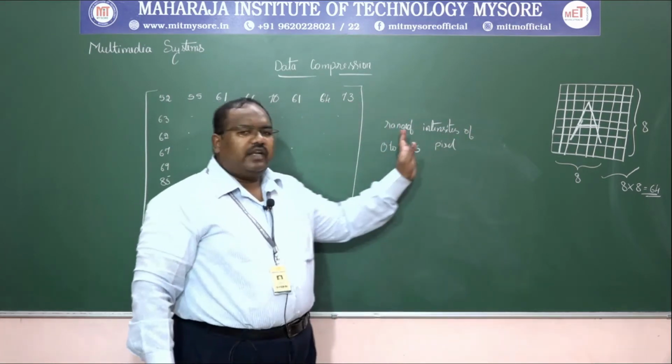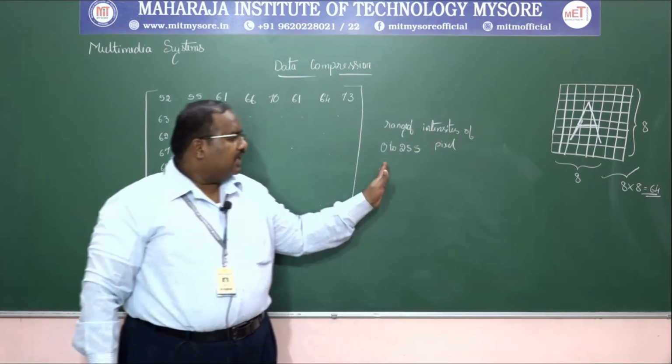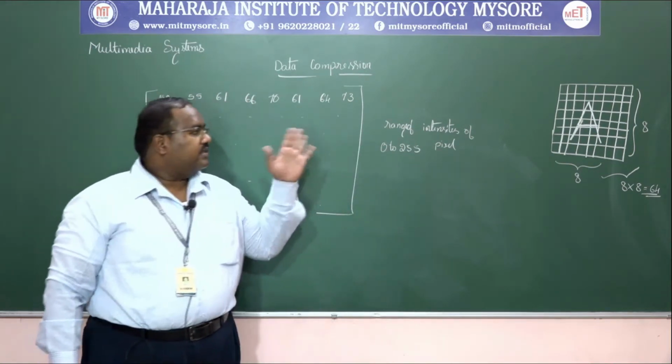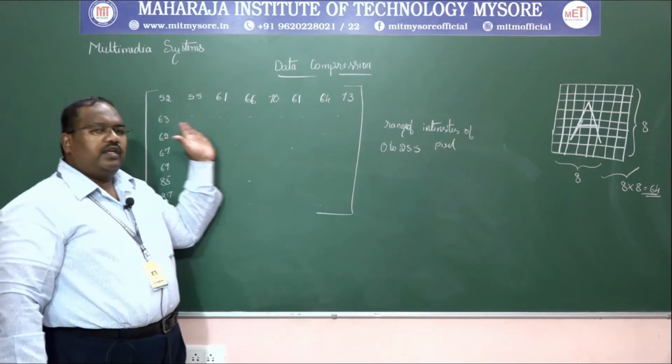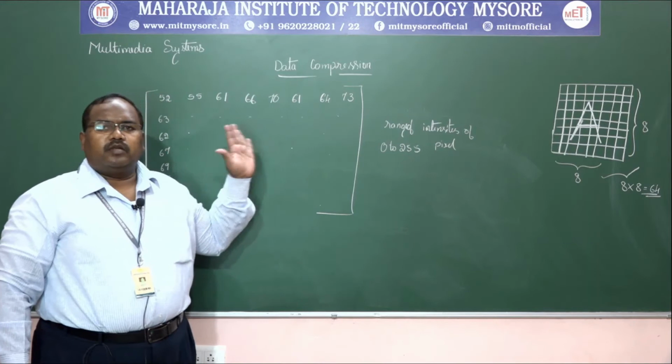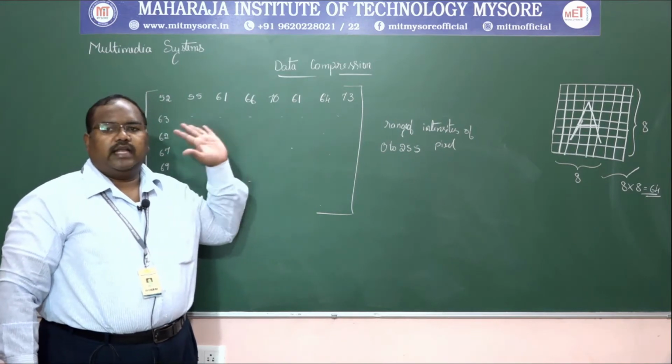Means the range of intensities of the pixel here is ranging from 0 to 255. So any range would be there. Even there might be the possibility of repeated values.